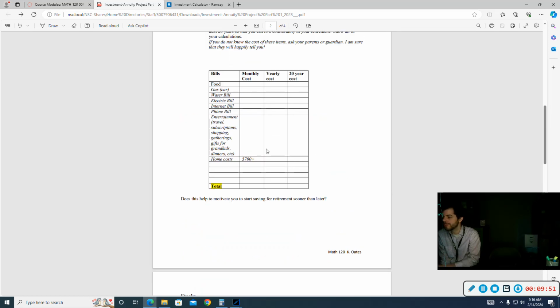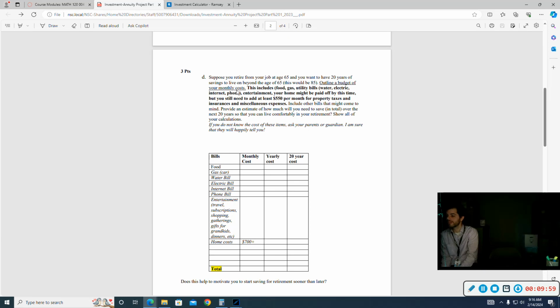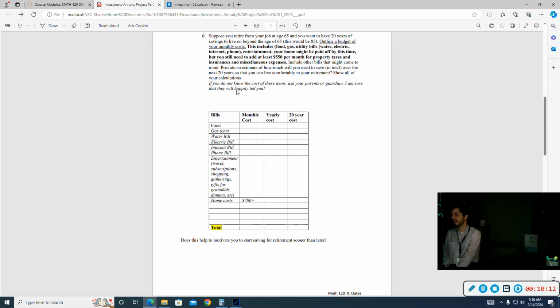I'm going to let you do all of that. This one's pretty basic. You're just essentially thinking about how much money you require for all of your bills. I already do this even without thinking about retirement. I do this personally, on a monthly basis. I keep track of how much money I spend on food. I keep track of how much money I spend on gas.